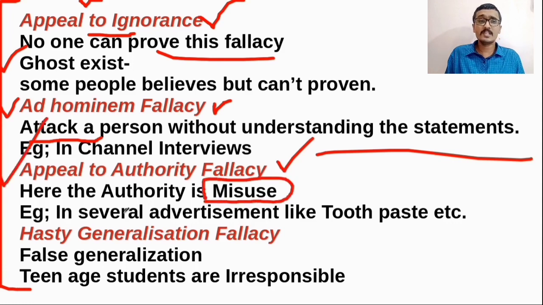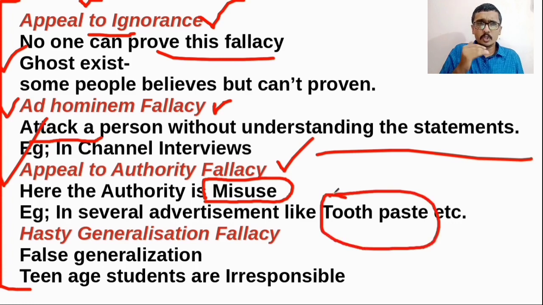I will give a simple example from several advertisements. In a toothpaste advertisement, we see that some dentists or doctors recommend this toothpaste. We cannot be sure that the person is surely a doctor. Such false advertisements may or may not be genuine. Such errors are called appeal to authority fallacy.